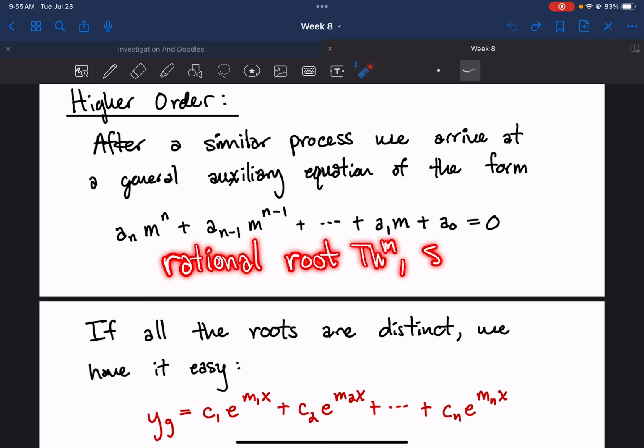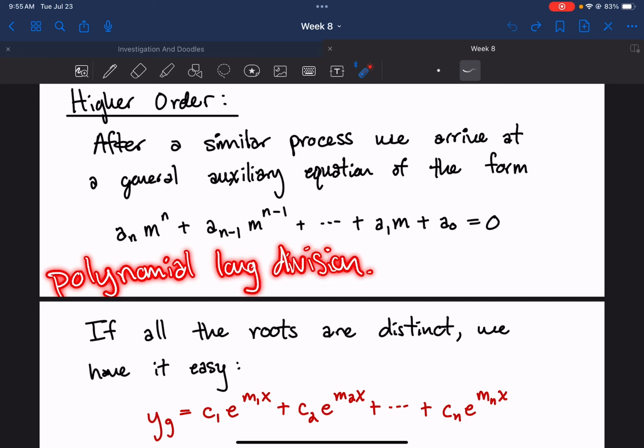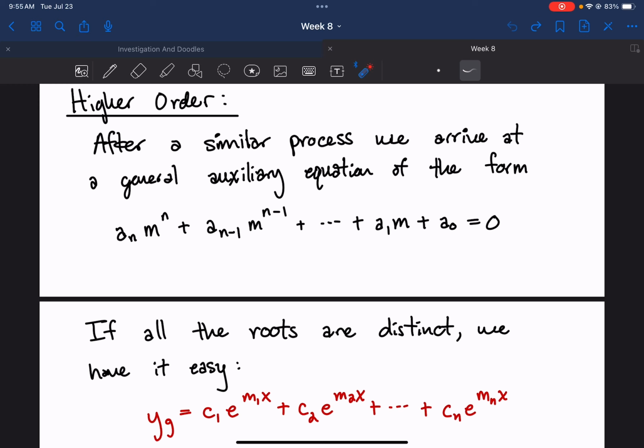Look up synthetic division. Look up polynomial long division. You have to factor this completely as far as you can.